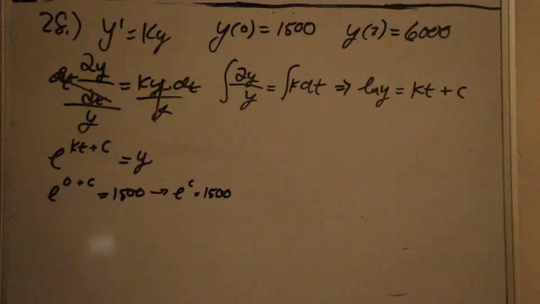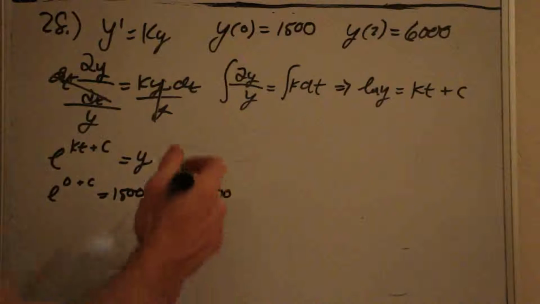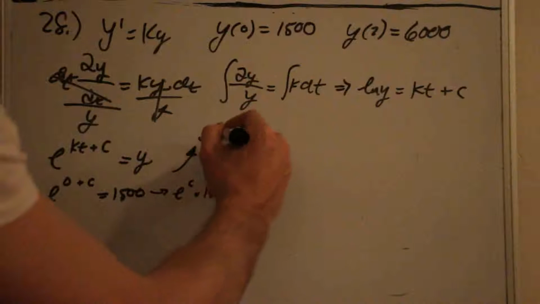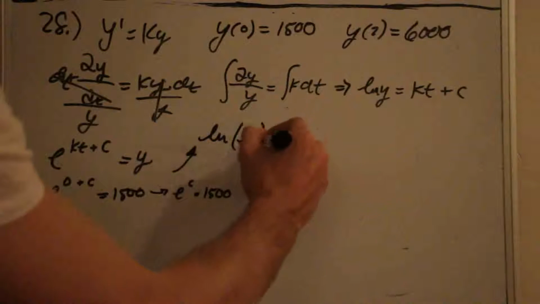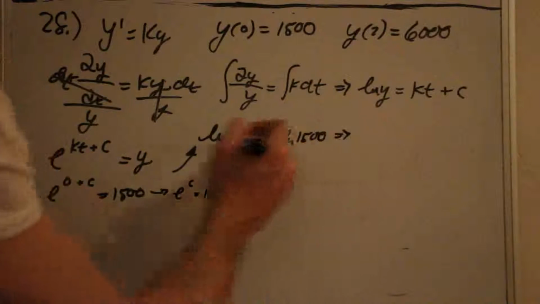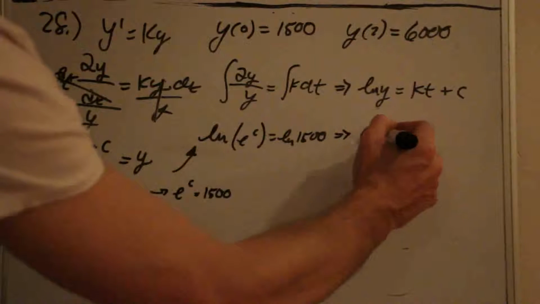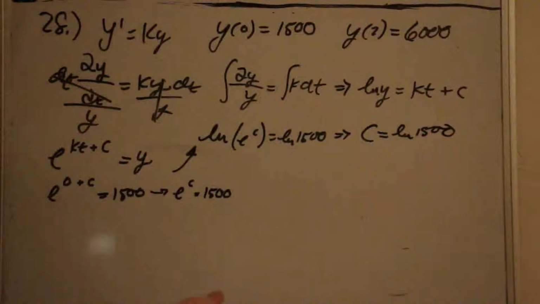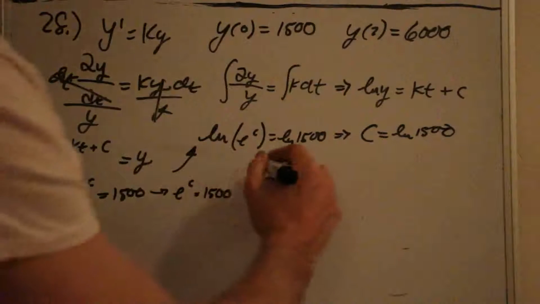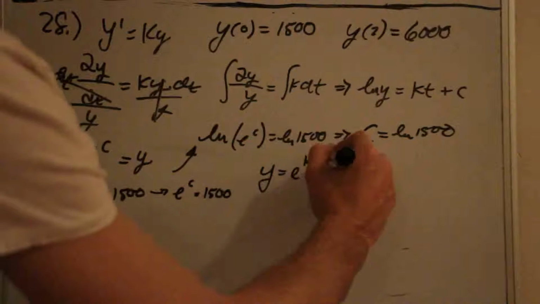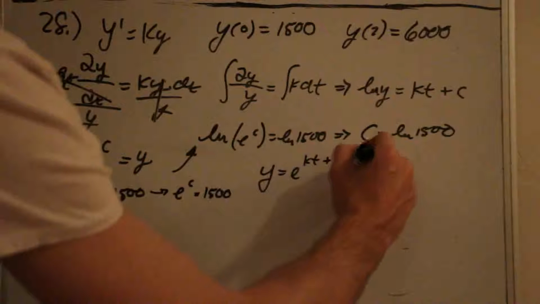Wow, that looks weird. How do I solve for c then in that case? Well, I'm going to move up here because I'm running out of space. I'm going to take the ln of both sides. ln of e to the c equals the ln of 1,500, or ln of e to the c is just c, so c equals the ln of 1,500. Okay, cool. So now I have y equals e to the kt plus the ln of 1,500.